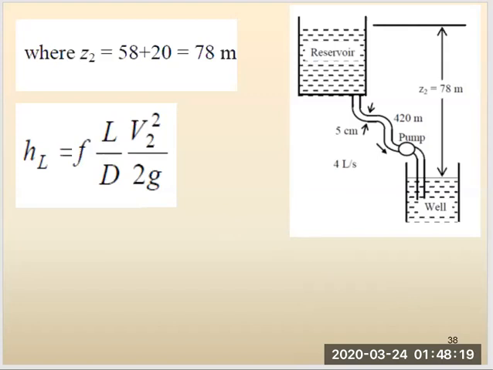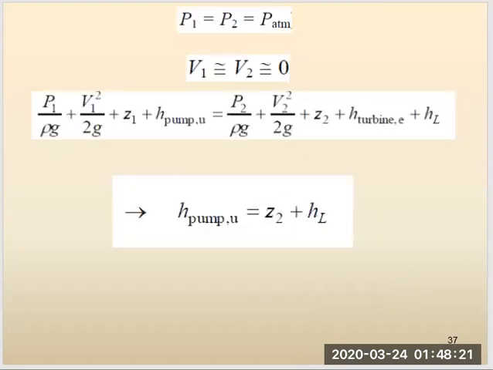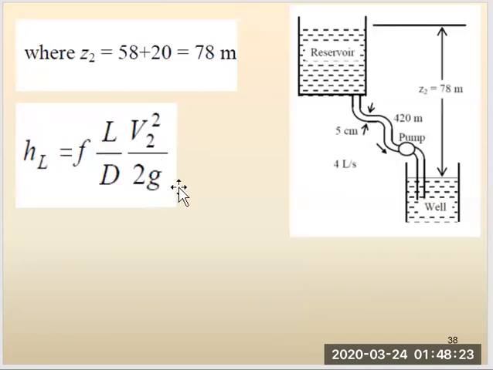Now, to calculate the head loss, we need to use this equation: f, the Darcy-Weisbach friction factor, times the length of the piping divided by the diameter of the piping, times the velocity squared over 2g.